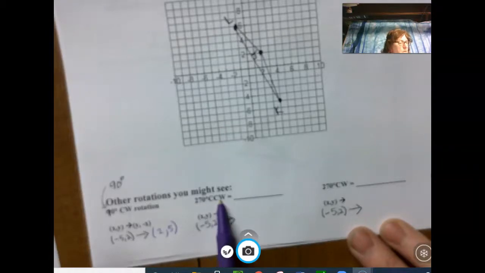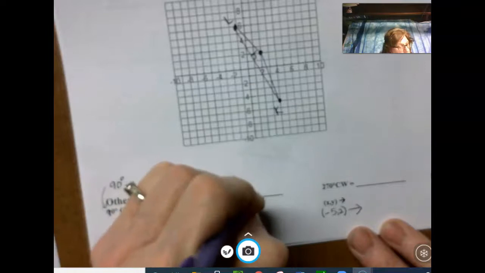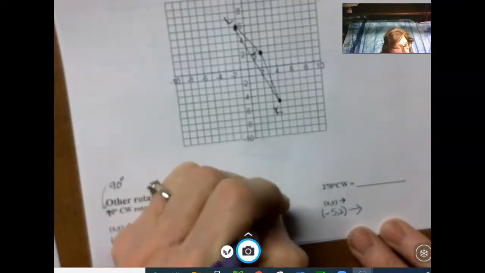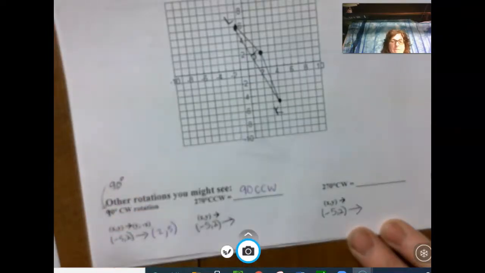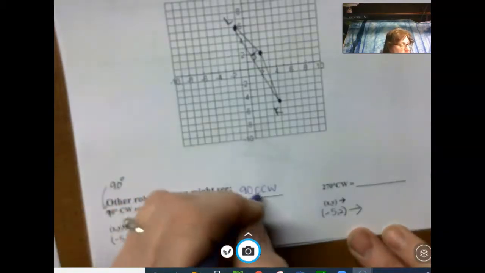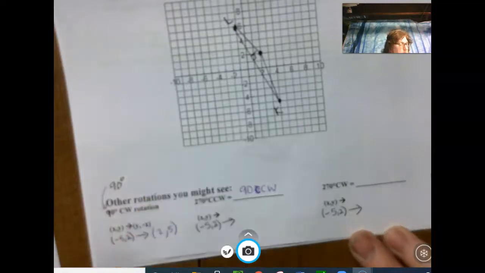270 counterclockwise is the same or equivalent to 90 degrees counterclockwise. Oh, sorry, I messed that up. It's 90 degrees clockwise. Sorry, my bad.